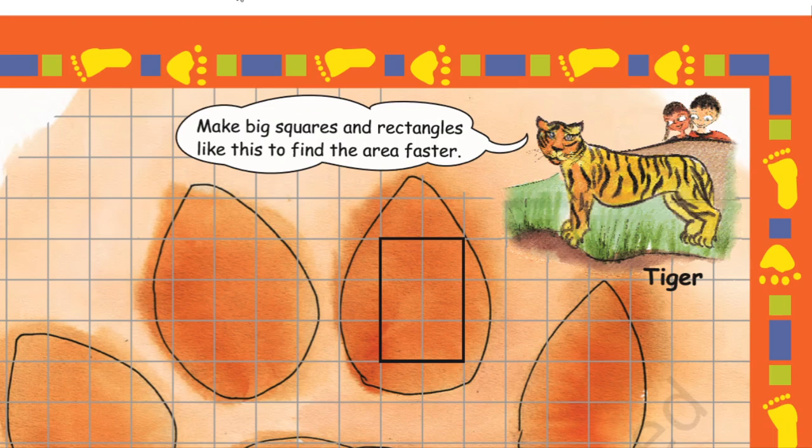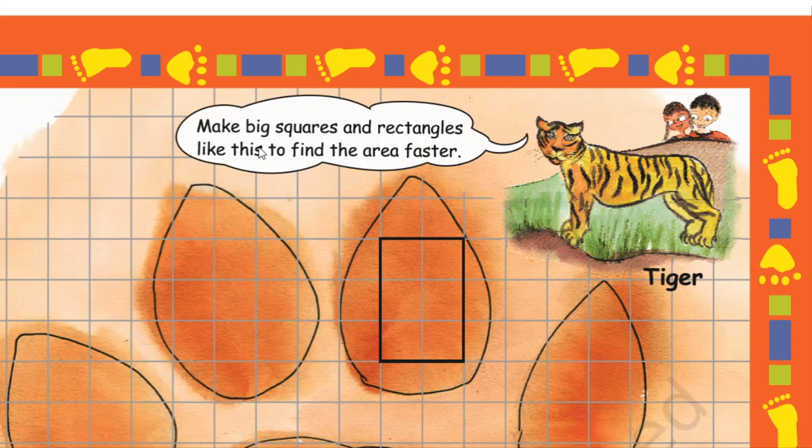In the previous video, we learned how to find the area of the footprints of different animals. That means irregular shapes. Now in this class, the area of the footprint of the tiger.